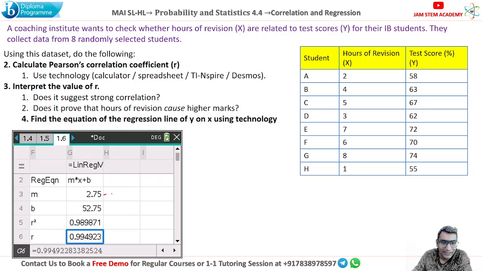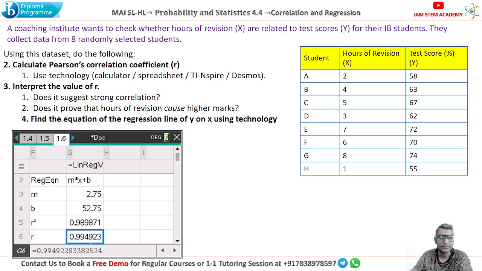Here you can see m, we already got this 2.75, b we already got that 52.75, and here we got r square or r. The r value is 0.9949, which is very close to 1. So it is strong, a very strong correlation between these two.